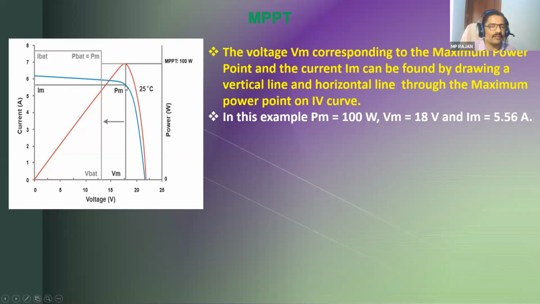This is the curve. This is the 18 volt. This is the 5.56 around here. So 18 volt into 5.56 is the 100 watt. Okay, so this is the voltage VM and current IM, which we can take when the module is producing 100 watt supply power.